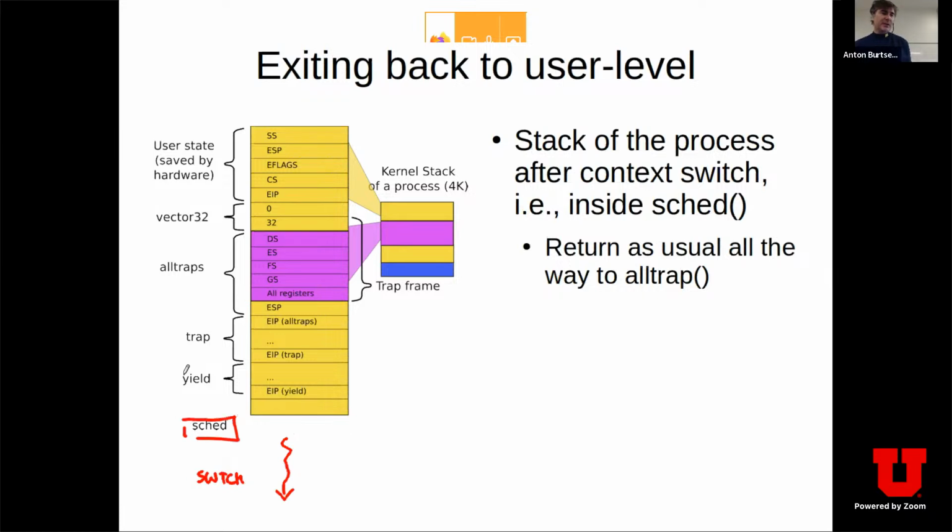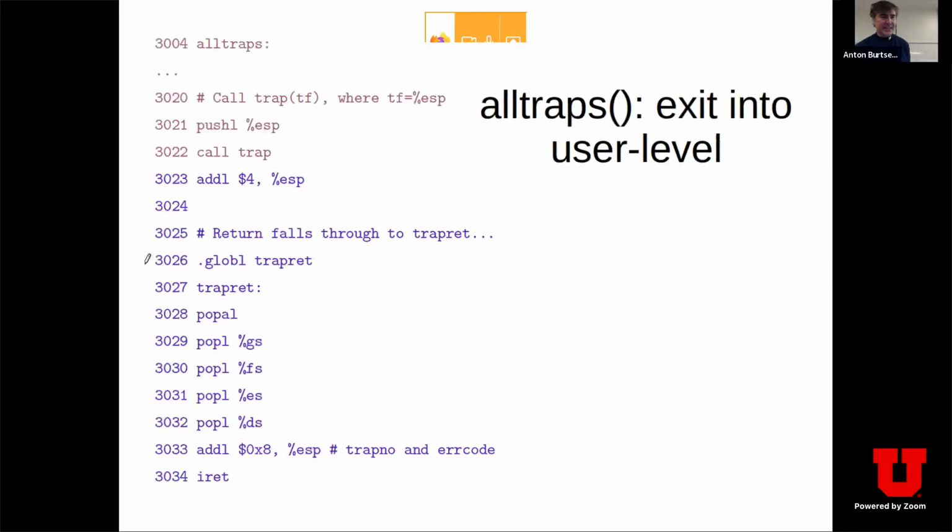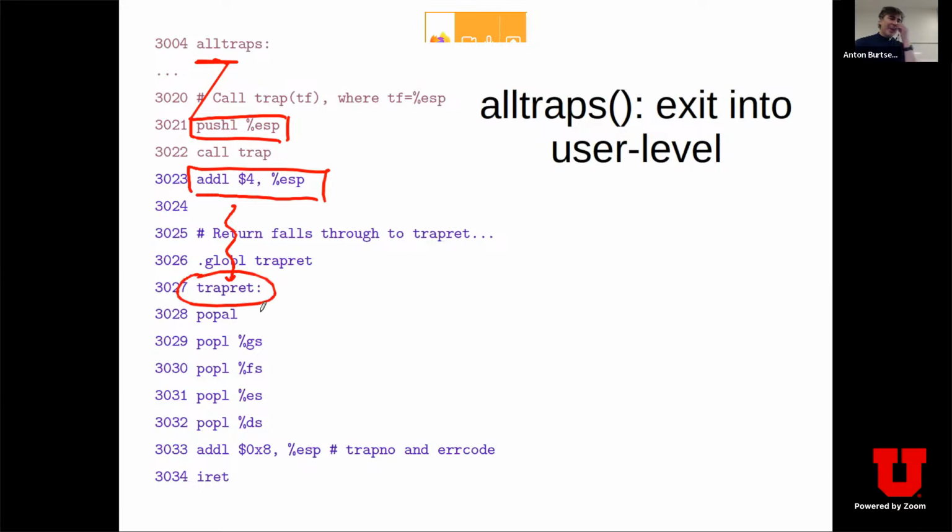We keep returning through trap, all traps, so not surprisingly at some point we get to alltraps. Since we pushed this argument on the stack to call a C function, alltraps frees this 4 bytes of space. We then fall through to the trapret label, which restores all the general registers with a popal instruction.